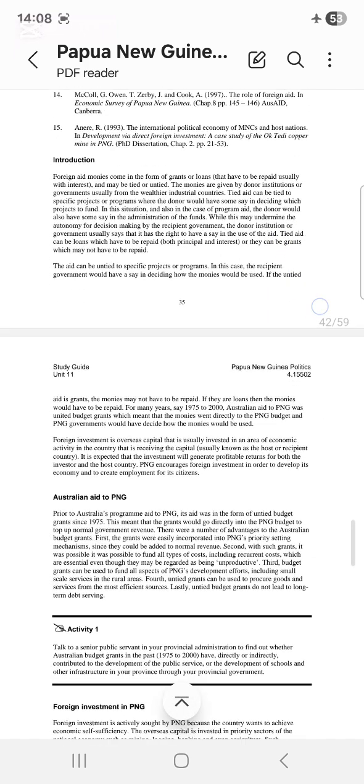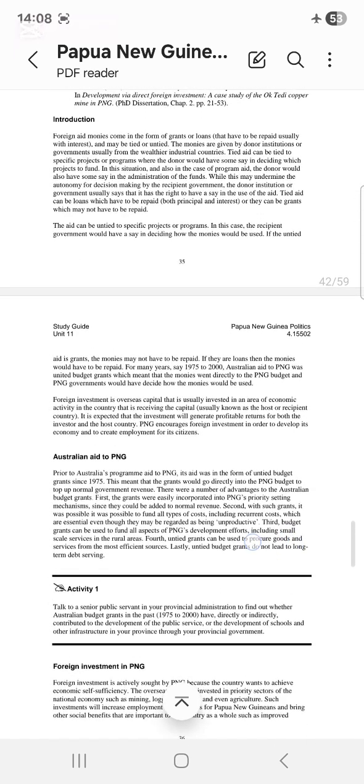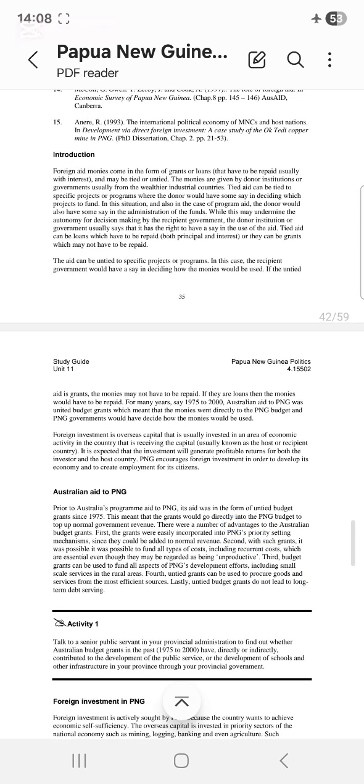So let's look at trying to describe what foreign aid is. If you look at the introduction, the first sentence gives us an indication of what foreign aid is. If you can highlight this first sentence here: foreign aid monies come in the form of grants or loans.